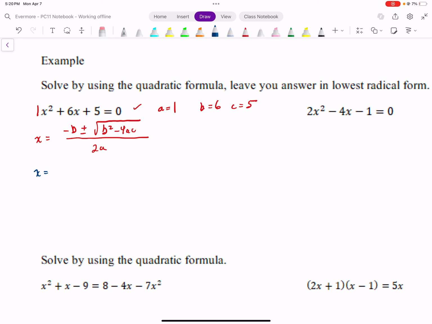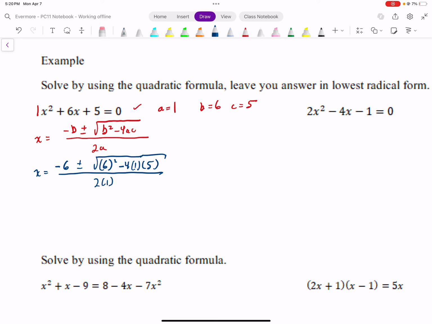And what I get is x is equal to negative b, and that is negative 6, plus or minus the square root of b squared, so that's 6 squared, minus 4, a is 1, c is 5, divided by 2 times 1.